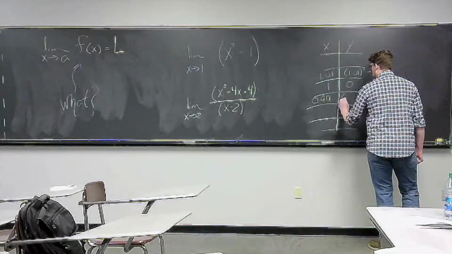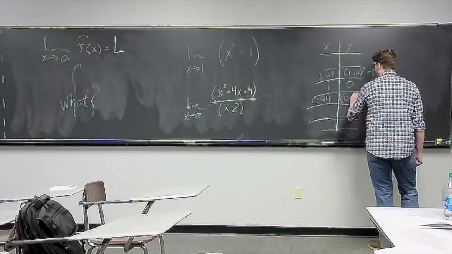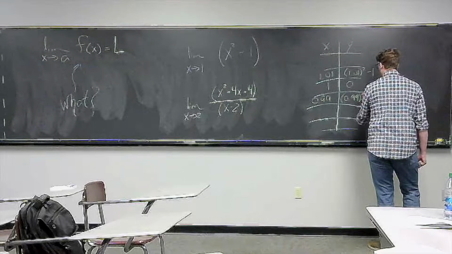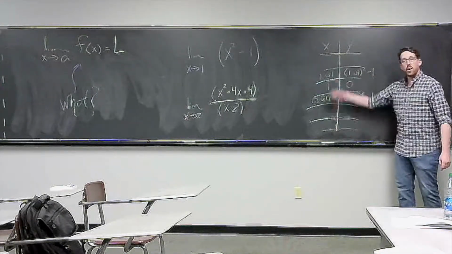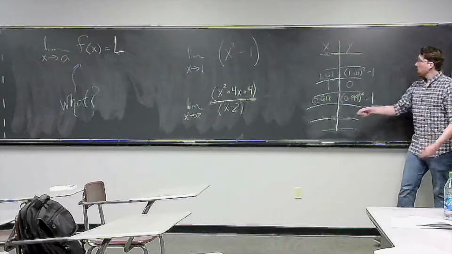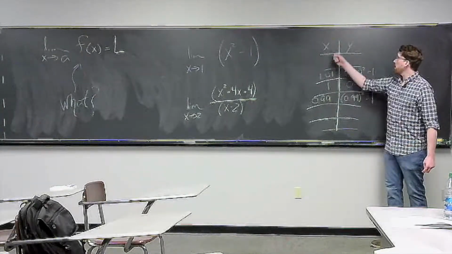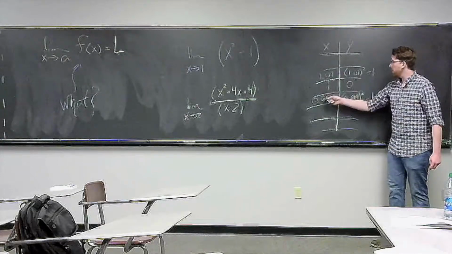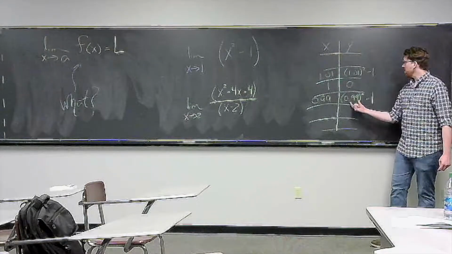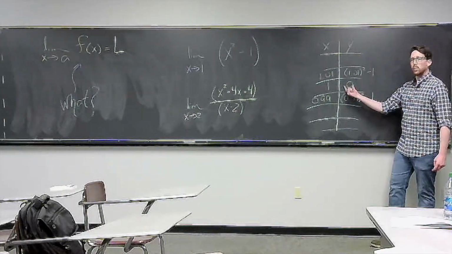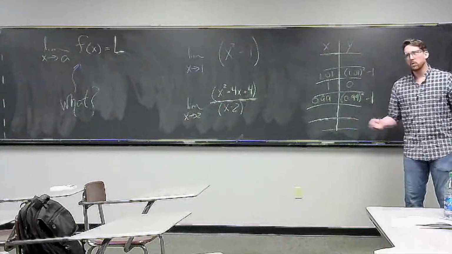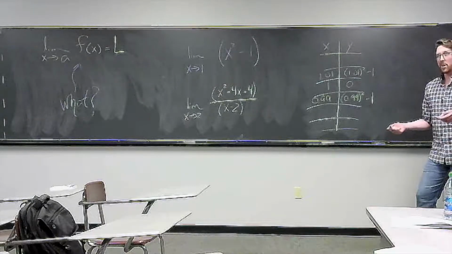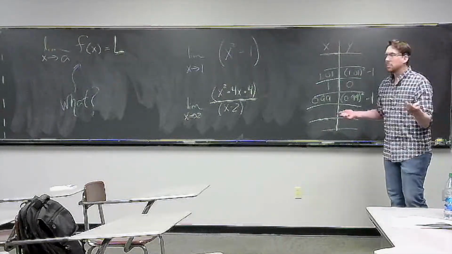Same trick. 0.99 squared, minus 1. And we can fill out this table and look at, as we get close to 1, from above and from below, do these values squeeze in on 0? Well, 1 squared is 1. So 1.01 squared is going to be close to 1.